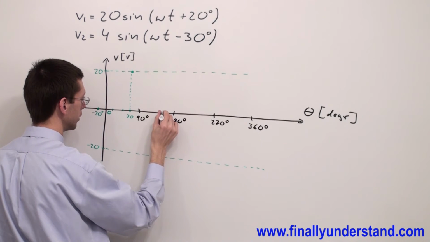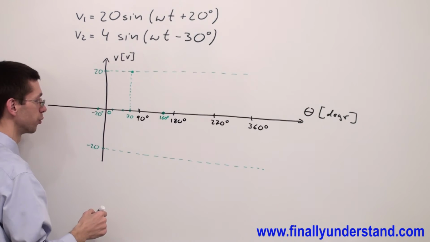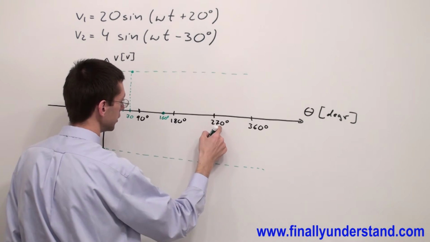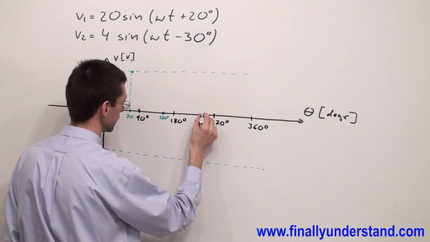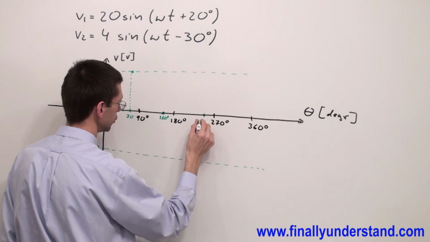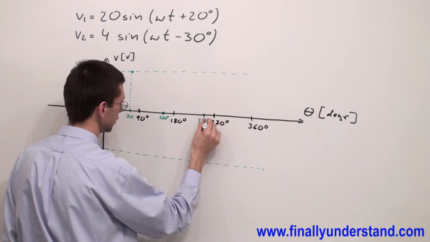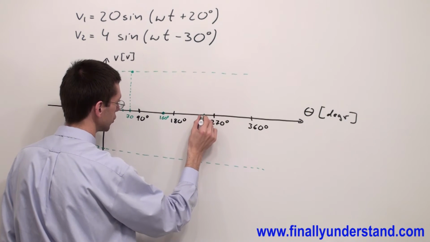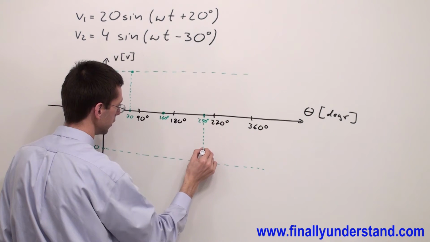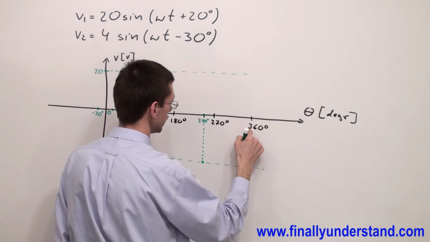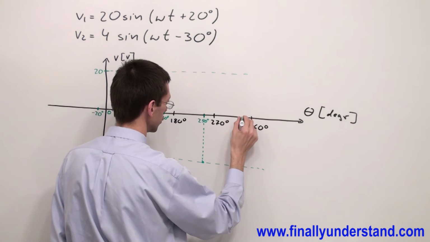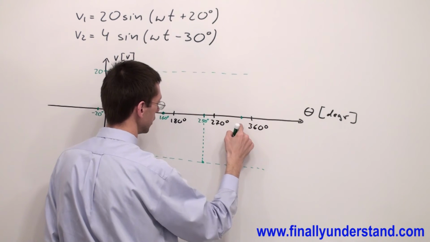And this is my negative going 0 crossing point. 270, I'm going to move to the left also by 20, approximately. This is going to be 250 degrees. And this is going to be my negative peak. 360 is going to be moved also to the left.